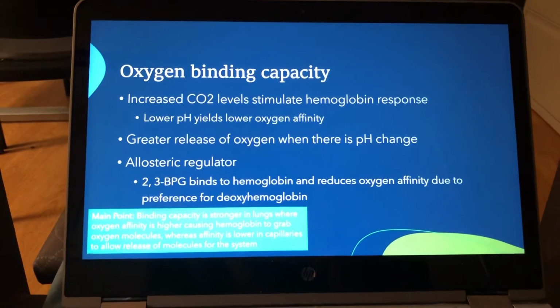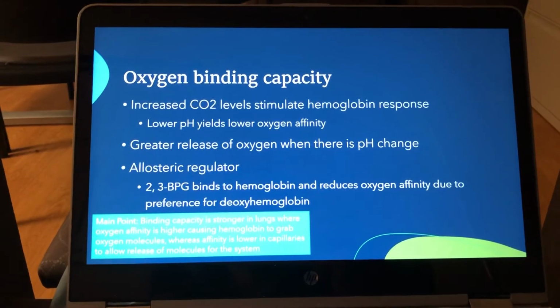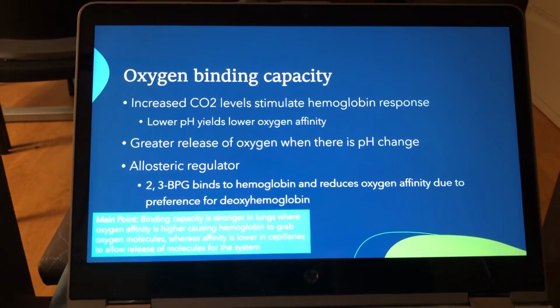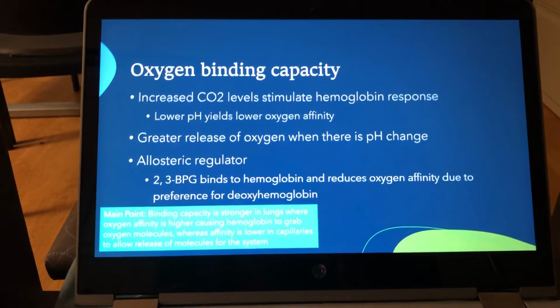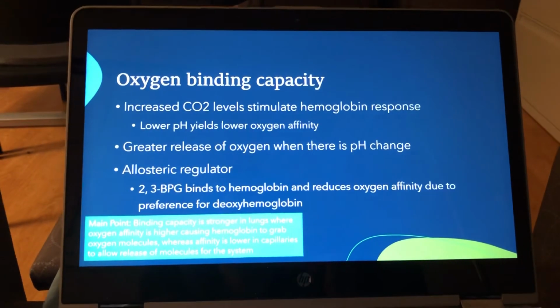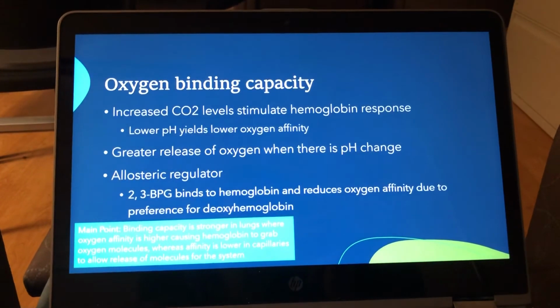This means that hemoglobin isn't going to be bonded so strongly with those oxygen molecules and is going to start releasing them. That's going to stimulate a greater release of oxygen when there is a pH change. Now, you can still have oxygen be released even when the pH doesn't change, but not as many molecules are going to be released.